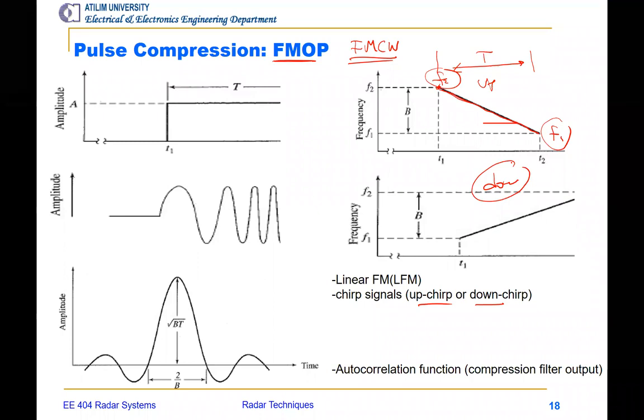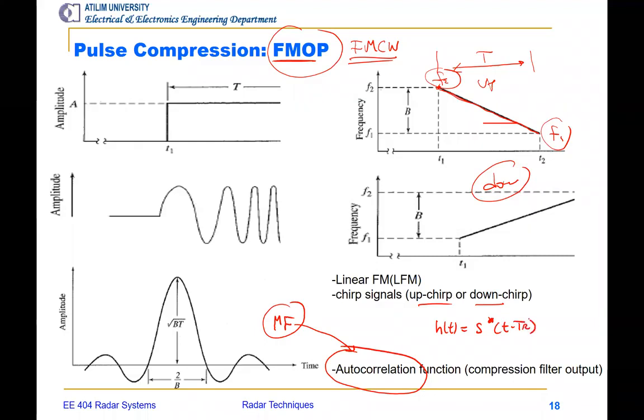As in most radar systems, we use matched filter detection. We can use matched filter detection in FMCW or FMOP systems, and the matched filter is mathematically an autocorrelation process. So we simply correlate the received signal with itself. Remember again the impulse response of the matched filter: x complex conjugate of T minus TR, right?